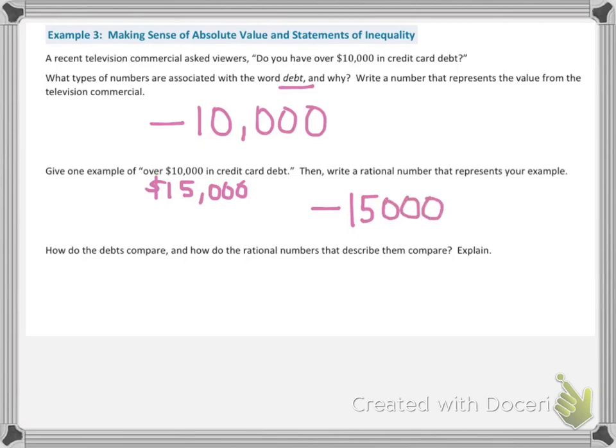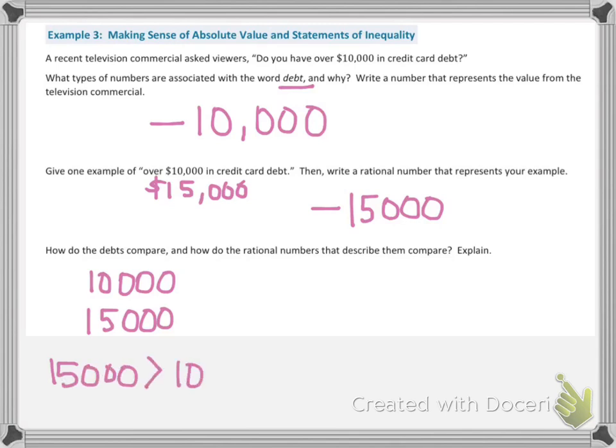How do the debts compare, and how do the rational numbers that describe them compare? Well, if I have a debt of 10,000 from the commercial, and I used a debt of 15,000, 15,000 is more than 10,000, so I can say 15,000 is greater than 10,000.